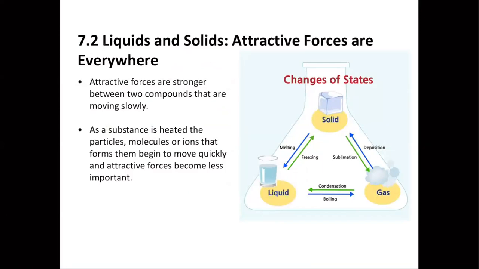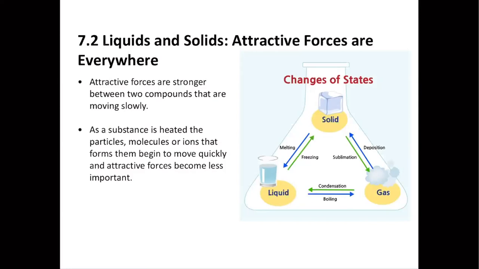So let's understand that attractive forces are going to be stronger between two compounds that are moving slowly, okay? When we apply heat to a substance, understand that those molecules, particles, or ions are going to be moving very quickly, and then attractive forces are going to become less important.